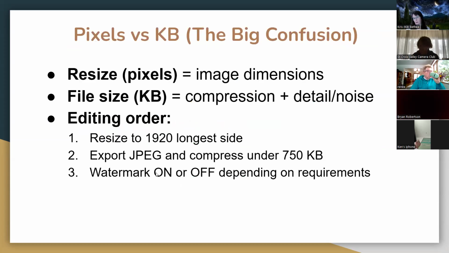I'm reiterating all this because it is important and I know it's very confusing. So resizing is pixels, it's the image dimensions, and the file size is how tightly compacted it is. When you're exporting to a TIFF or a JPEG for printing purposes, you want to have it set to a really large number.